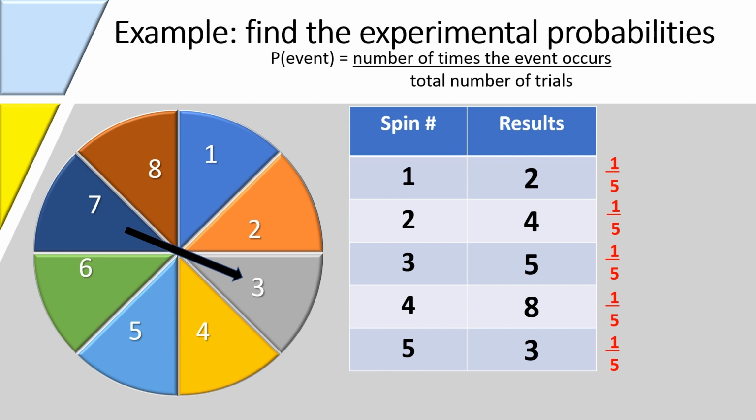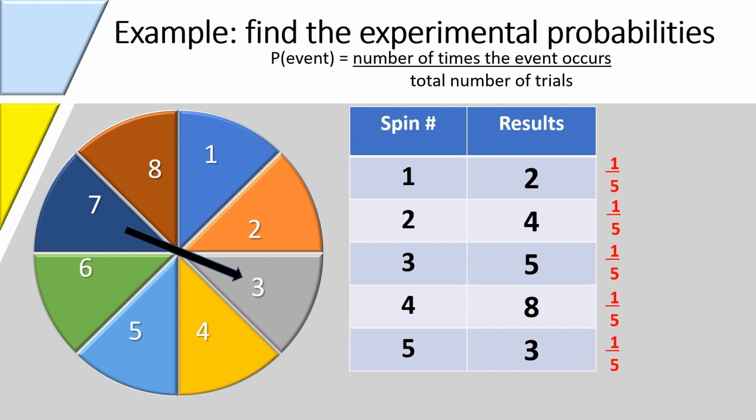If she asks what's the probability of spinning a 4, based on our experiment and our trial, we only got 4 one time, so that's 1/5. And so for all of these, we didn't have any numbers that repeated itself. Isn't that something? If you did have a number that repeated itself, your numerator would need to increase.